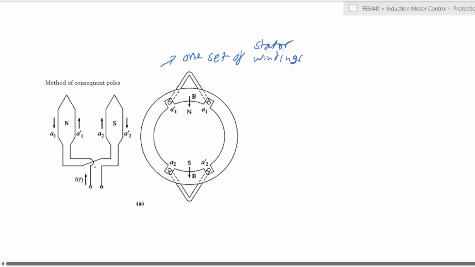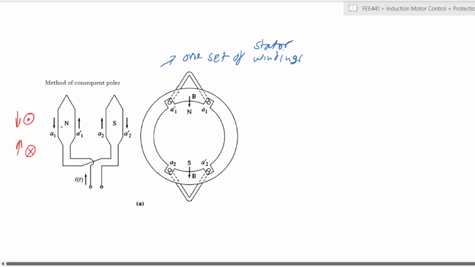Now, using our principle of the magnetic field induced around a current carrying conductor, let's say that the current flowing in the downward direction is indicated by current flowing out of the page or the screen, and flowing upwards is indicated as current flowing into the screen.